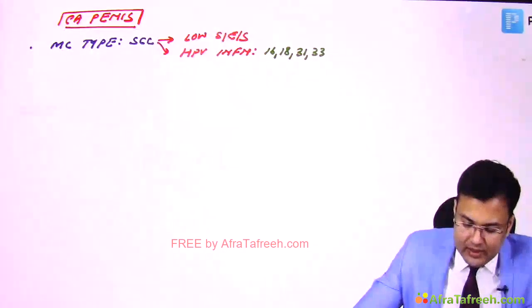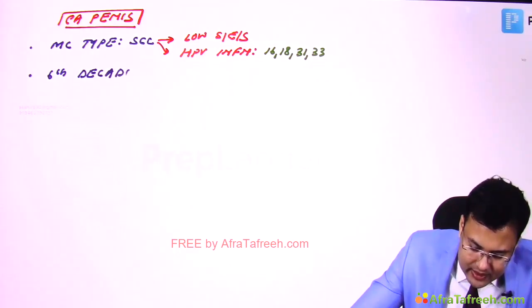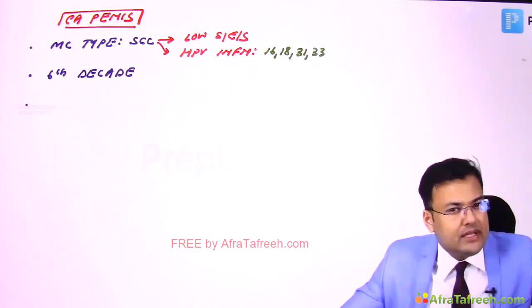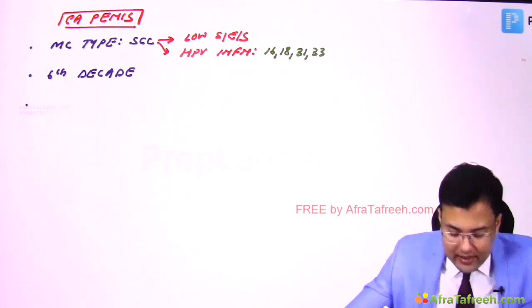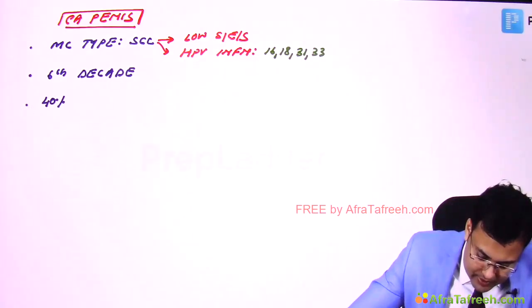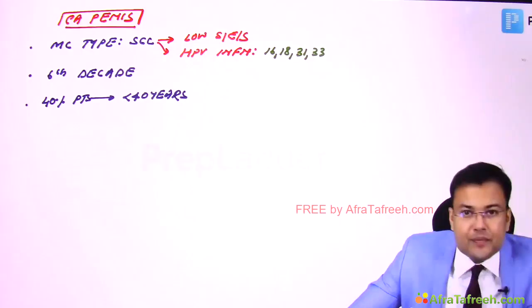Okay, generally in which decade? It is seen in the 6th decade. In Bailey it's written that 40% of patients are less than 40. It means a significant number of patients are young. So 40% of patients are less than 40 years of age.